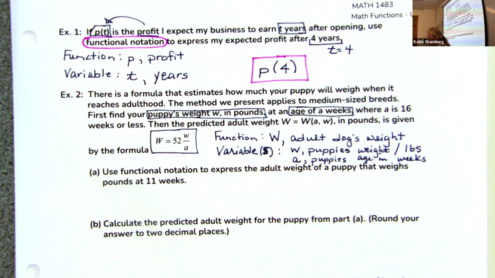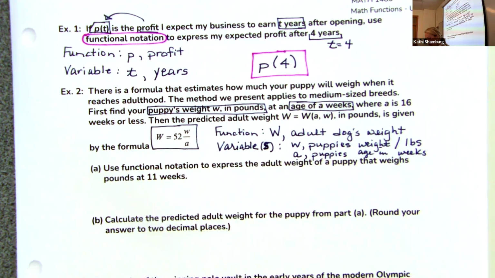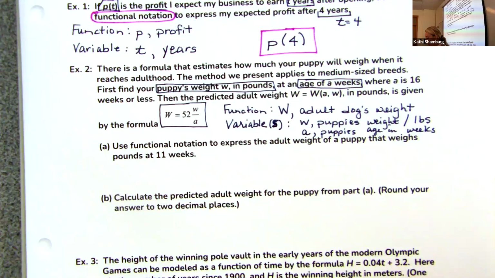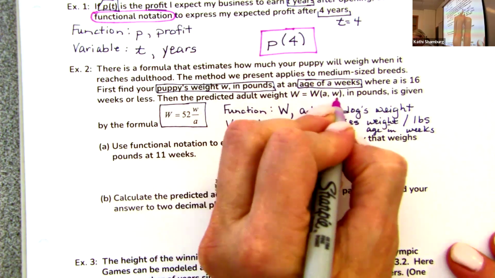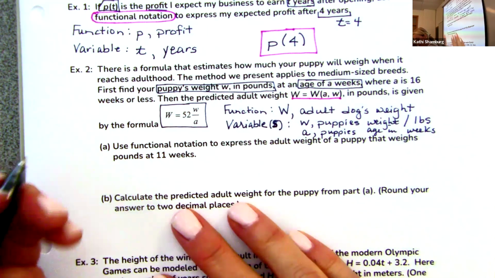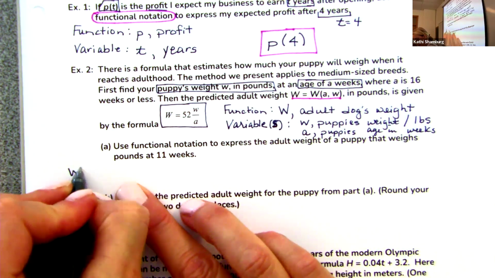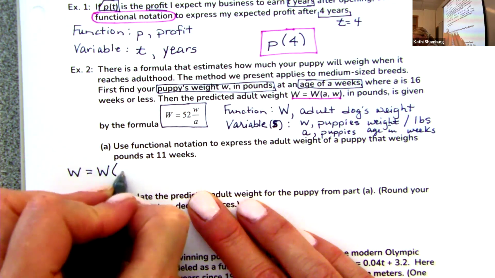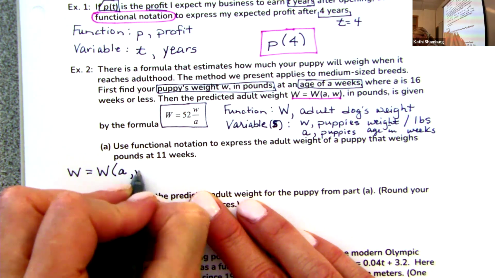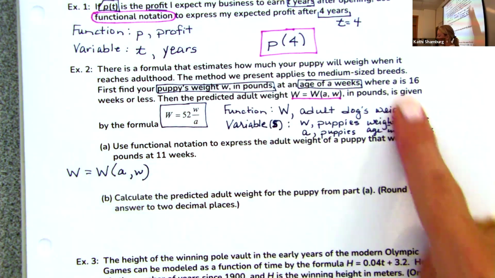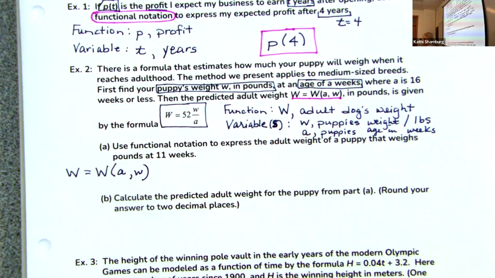Okay. All right. So then once we get all that information here, notice they tell me the function equals W, which is W of A, lowercase w. Now, here's why this is so helpful.